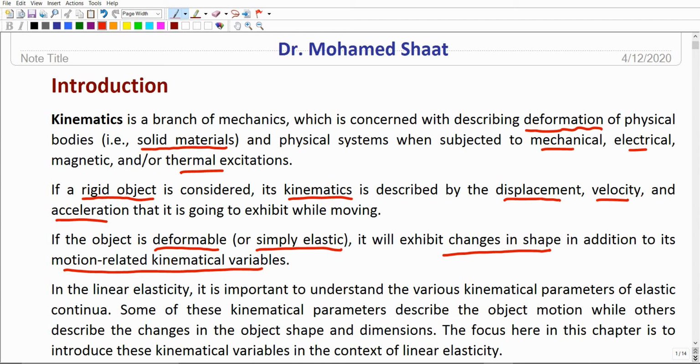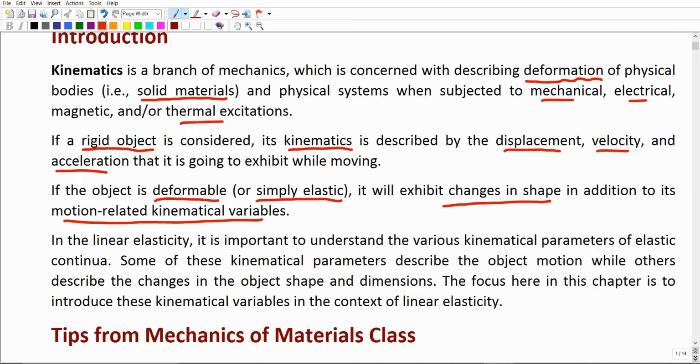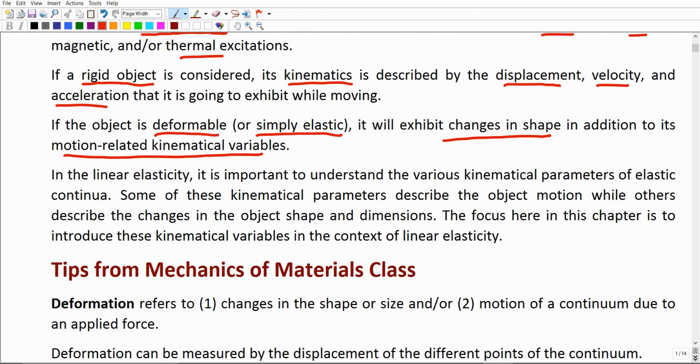In addition, how much of a change in shape this object is going to exhibit upon some external forces. In linear elasticity, and this is the interest of this course, there are lots of kinematical parameters that should be used to fully understand or completely describe the deformation of an object.